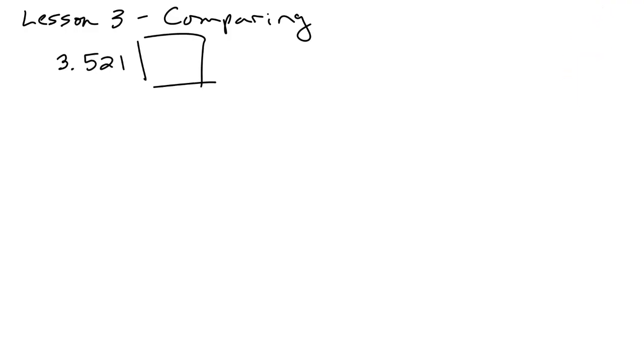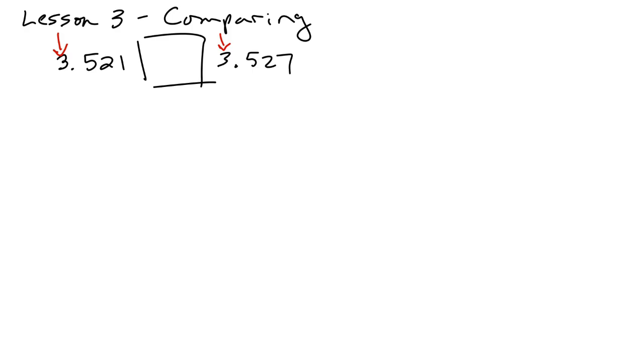When we were comparing with decimals, we would look at the furthest left place value, and if the numbers didn't have the same number of place values, we would fill with zeros.